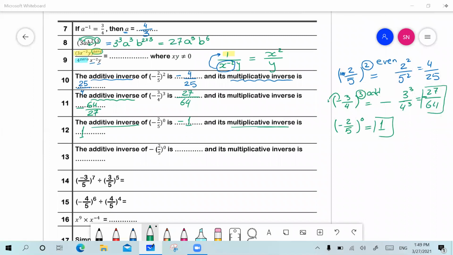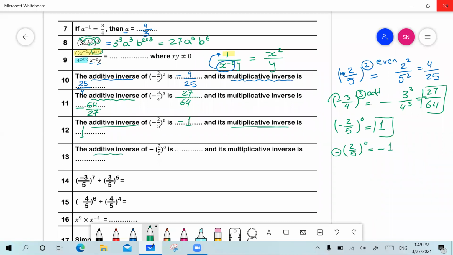Okay, number 13. Yusuf, the additive inverse of -2/5 to the power of 0. 1. طب بالظبط أنا عندي هنا -2/5 to the power of 0. النيجاتيف is outside of the bracket, so the answer is going to be -1.